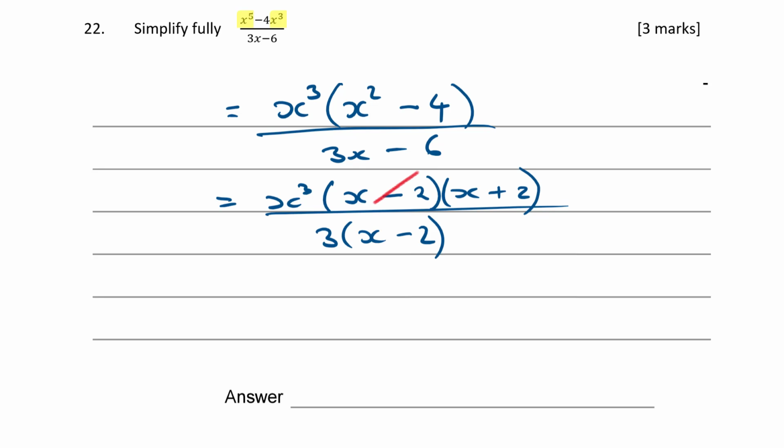I've got an x minus 2 on the top and an x minus 2 on the bottom. They're going to cancel each other out. And what have I got left? I've got x cubed left, and an x plus 2 left, and on the bottom I've got a 3 left, and that's it. So x cubed, x plus 2 on the top, all over 3.